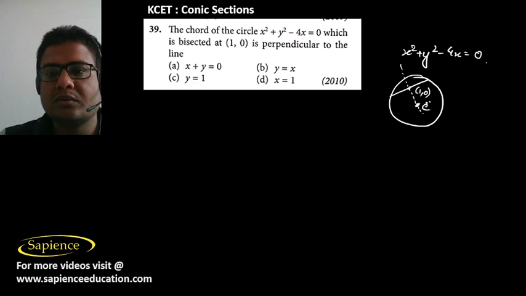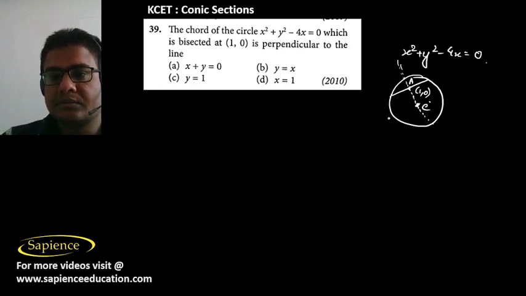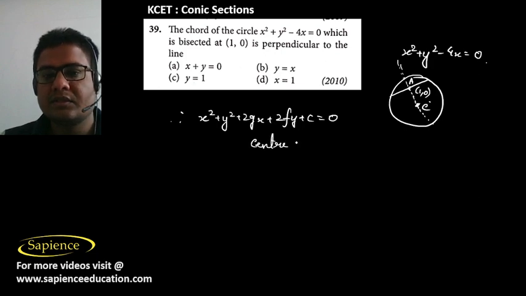Let this point be A. So CA is obviously perpendicular to this chord. So the chord which is bisected is perpendicular to the line. We have to find the equation of this line, which passes through the center of the circle. We know that if x square plus y square plus 2gx plus 2fy plus c equal to 0 is the equation of the circle, then the coordinates of the center are (minus g, minus f).